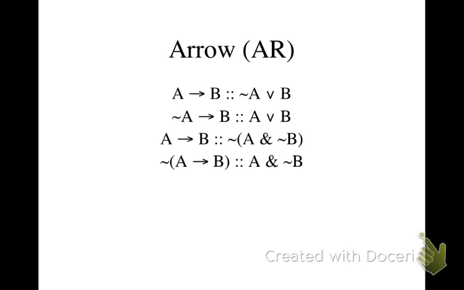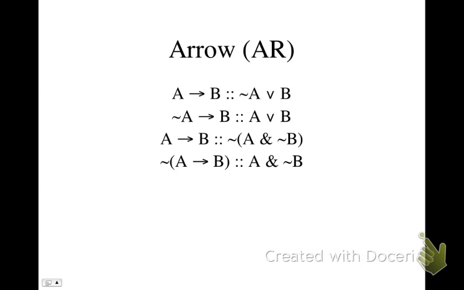So, if A arrow B is true, well, then it's false that you have both A true and B false. So, that's where you get that rule.